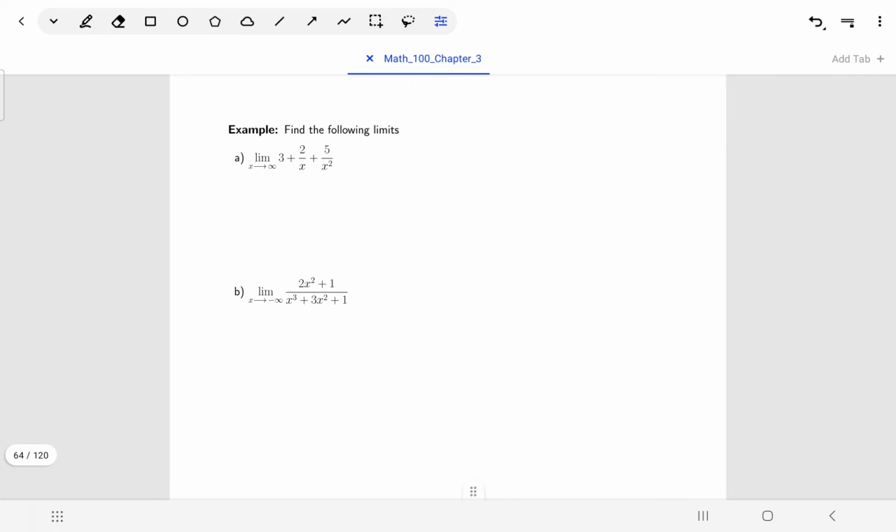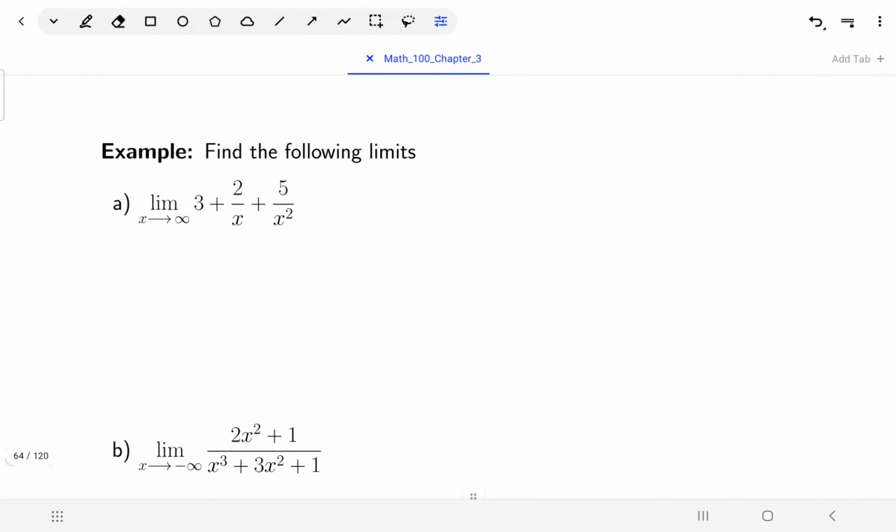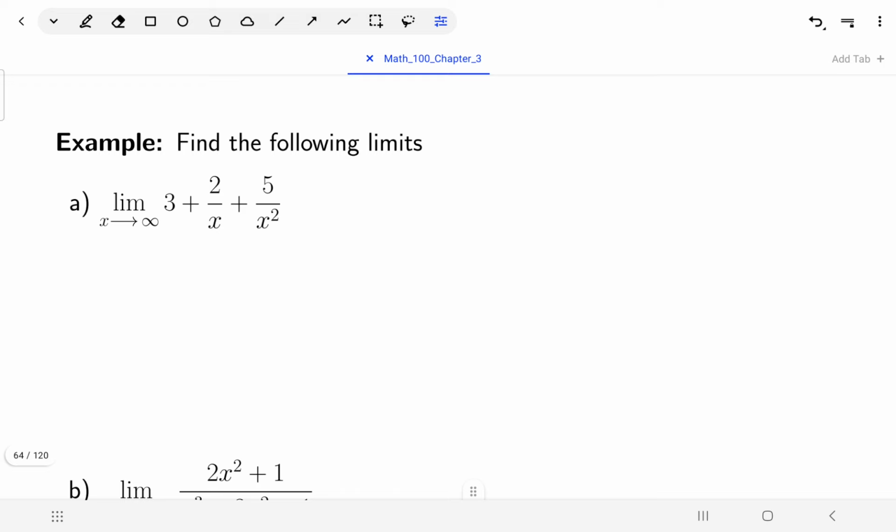So let's find some limits. The first one is the most straightforward one, because for this one, as we're looking at the limit as x goes to infinity, I can say, well, I've got 3 terms, and for each of those terms, I know what's happening as x goes to infinity. As x goes to infinity, 3 is going to stay as a constant function 3.